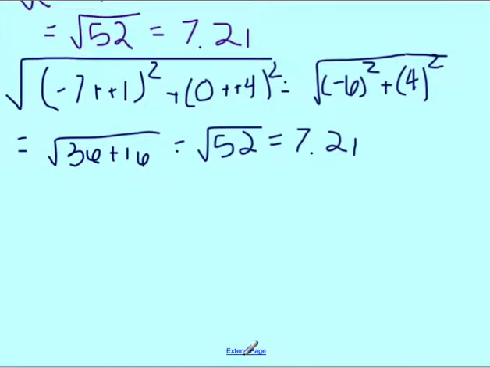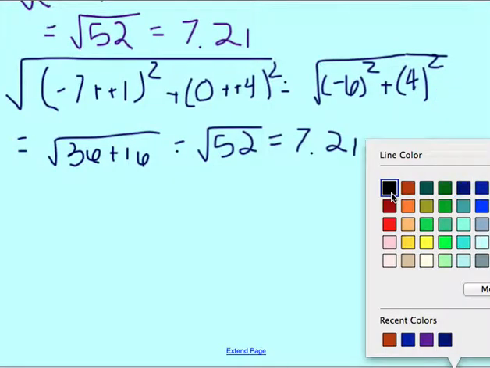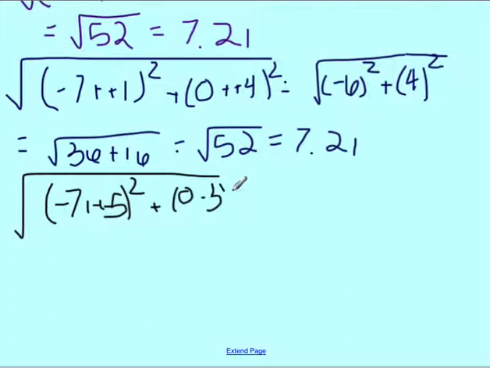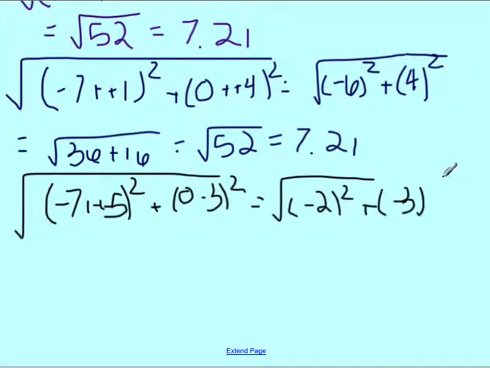Let's take a look at PS now, calculating out that line. Taking a look at PS, we're going to do x2 minus x1, and then y2 minus y1. That first parenthesis is going to become negative 2 squared, and that second parenthesis, negative 3 squared.